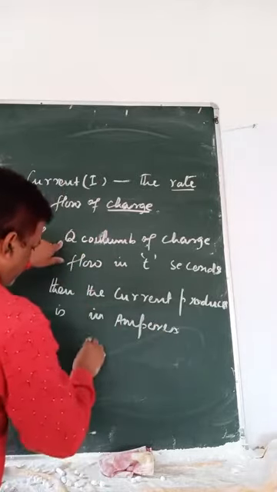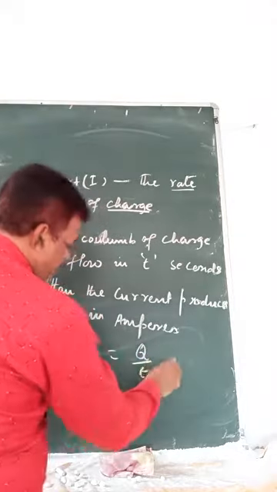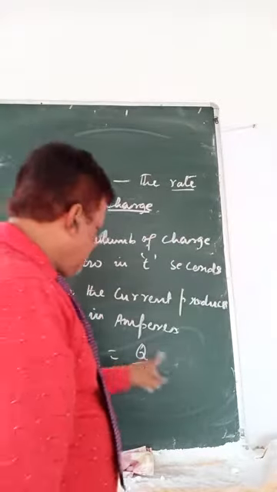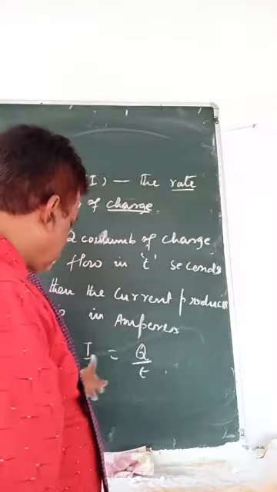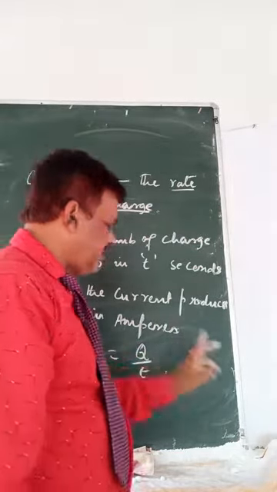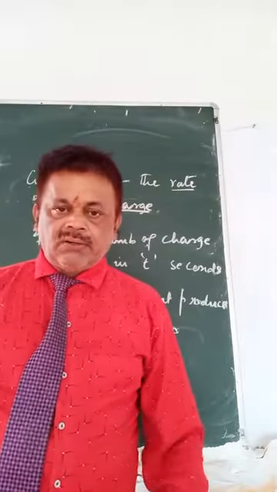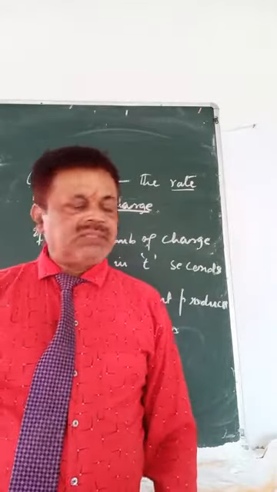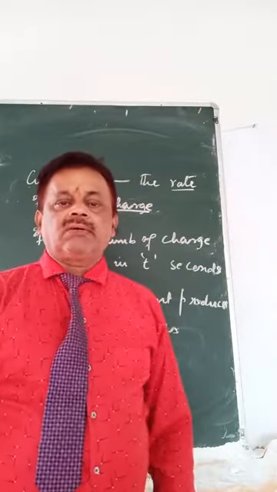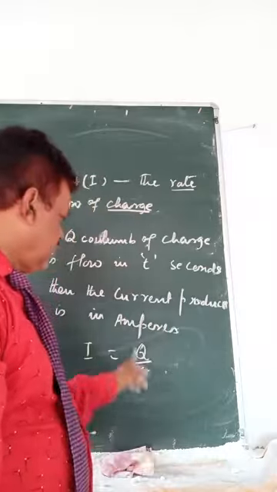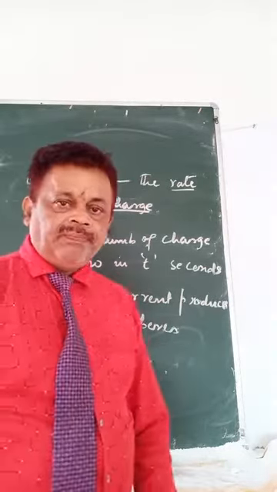I equals charge by time. The unit in which you measure current is the ampere. Electrons carry negative charge, protons carry positive charge. The conventional current is of positive charge, electrons are negative charge. So current is the charge per unit time.